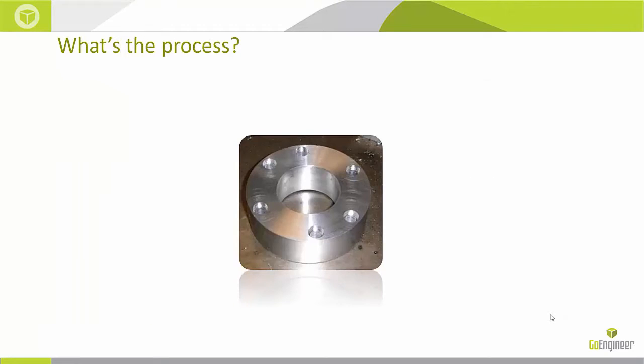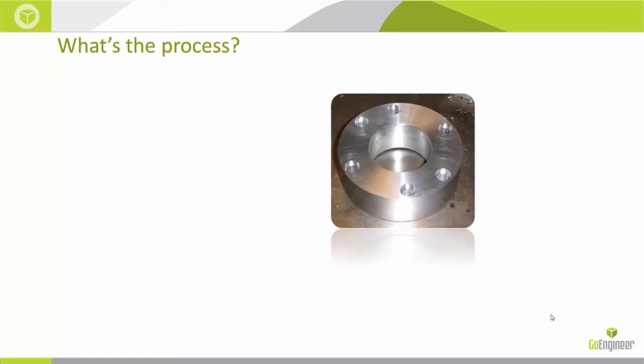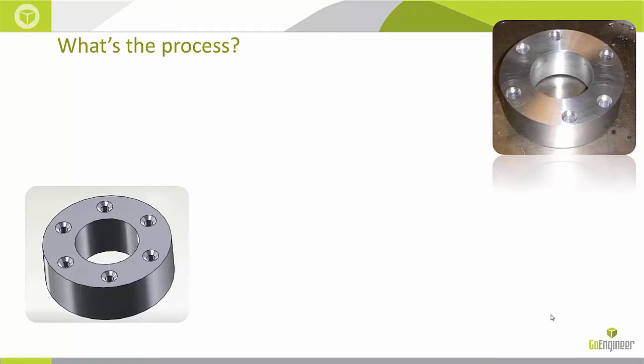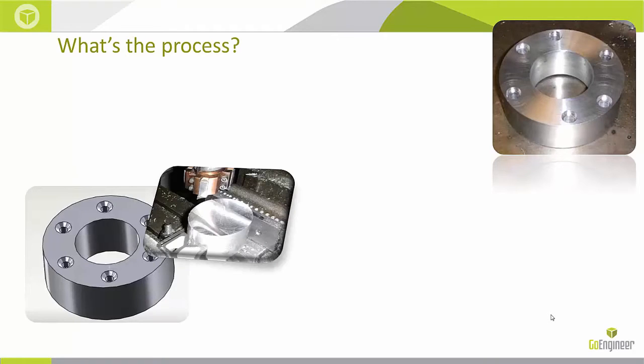So when we look at products that we want to produce, something like this bushing that we've got here on the screen, a big silver donut, as mechanical designers and mechanical engineers, we take these multi-featured products and start breaking them down. SOLIDWORKS is a great tool for us to be able to do that. As a SOLIDWORKS designer, one of the first things I do in the process is create that solid model.